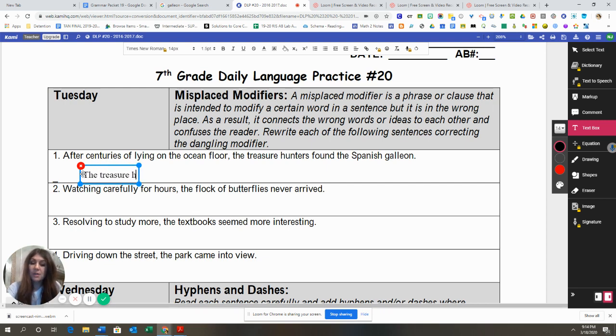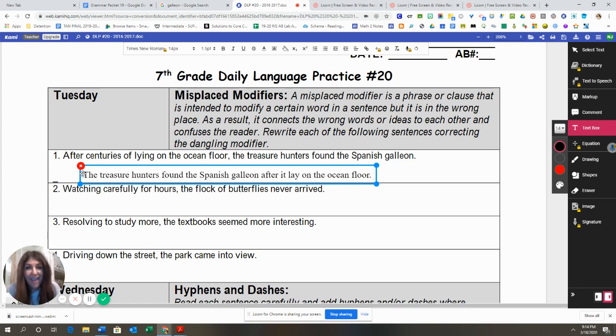The treasure hunters found the Spanish, let's retype that, galleon after it lay on the ocean floor. Now this makes better sense. The Spanish galleon was what was laying on the floor for centuries and not the treasure hunters.